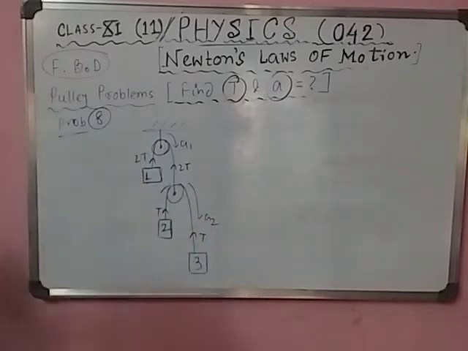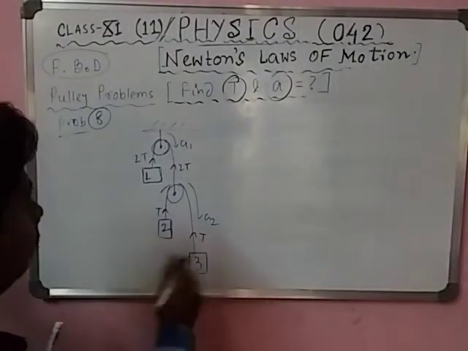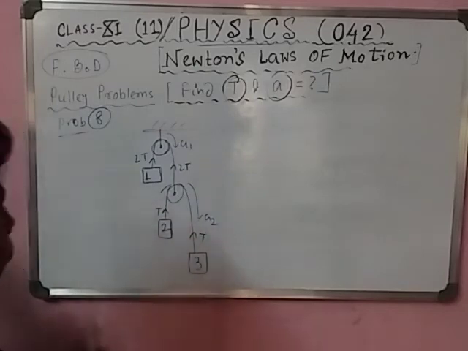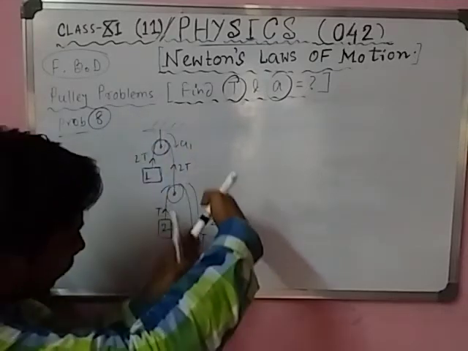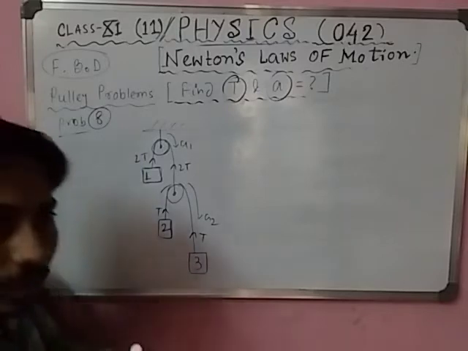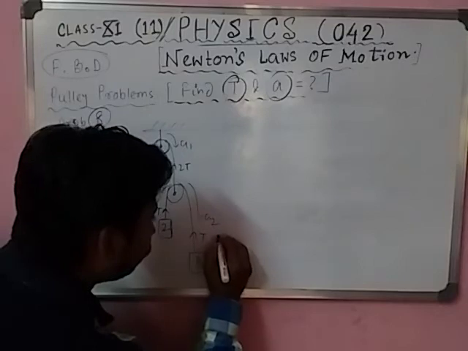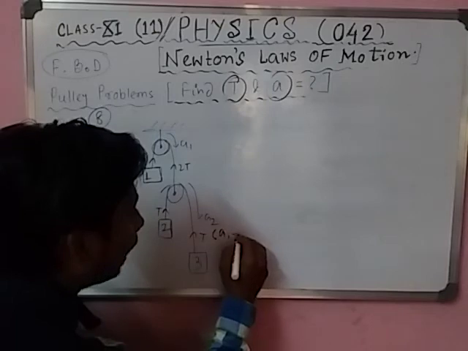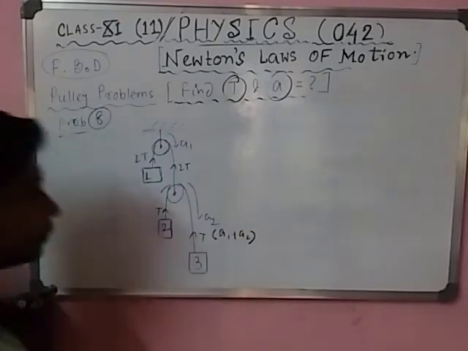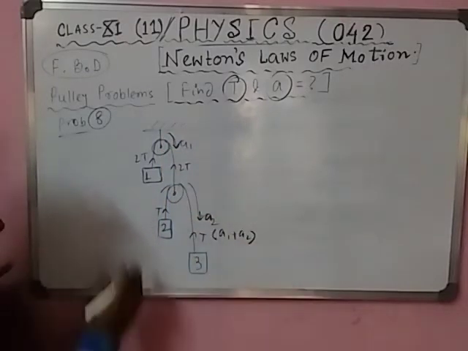So students, now you can solve it by yourself, very easy. See here, if the pulley acceleration is a2, I will apply a trick. A1 is downward, A2 here is downward. So for mass 3, the acceleration will be A1 plus A2, because both accelerations are downward.